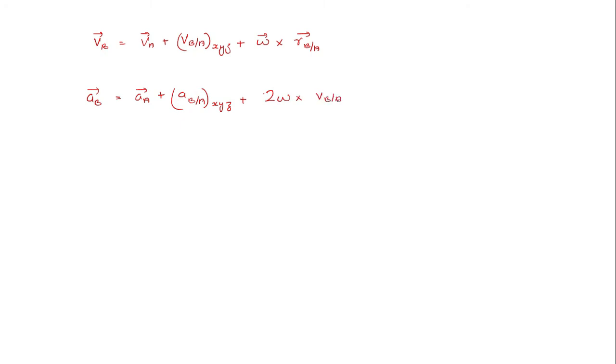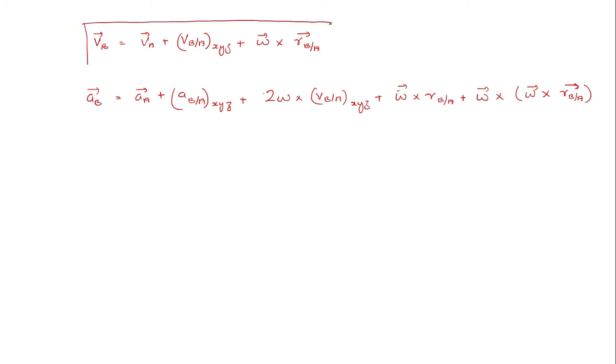So I can write the same equation which we derived earlier as VB is equal to VA vector plus VB with respect to A small xyz plus omega vector cross RB with respect to A. Similarly, the acceleration AB can be given as acceleration of point A plus AB with respect to A small xyz plus 2 omega cross VB with respect to A small xyz plus omega dot cross RB with respect to A plus omega vector cross omega cross RB with respect to A. Both are one and the same thing. It is just two different ways of representing the equation.